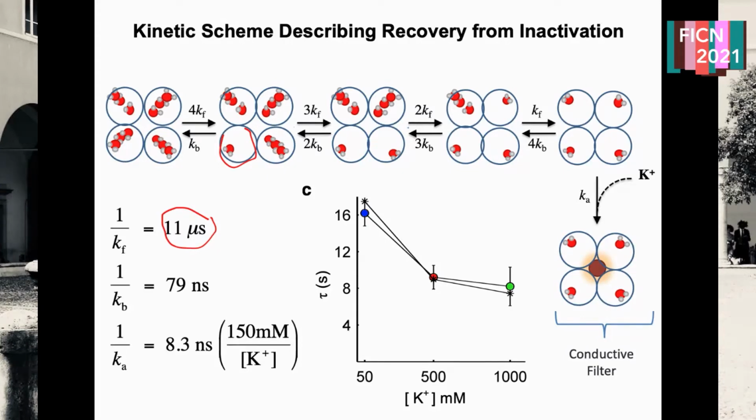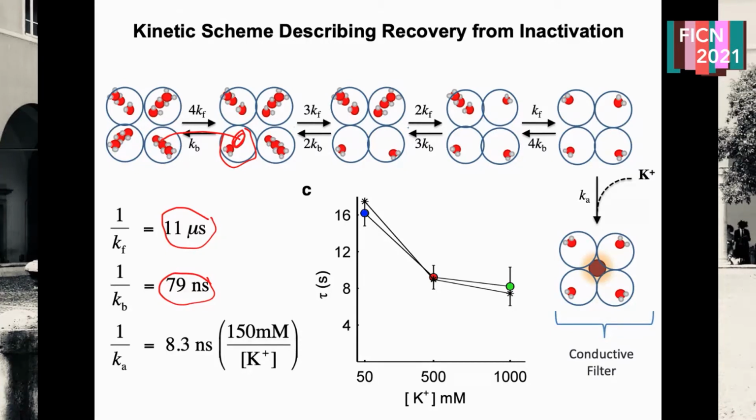And then the rebinding of water is actually very fast. It's about 80 nanoseconds. So if you have a subunit that has lost its binding water, it will rebind fast, in less than 100 nanoseconds. That means the probability to get this conformation versus this one, losing water versus not, is only about 1.5% or something.